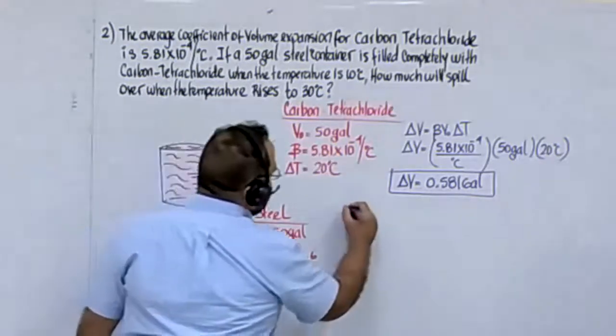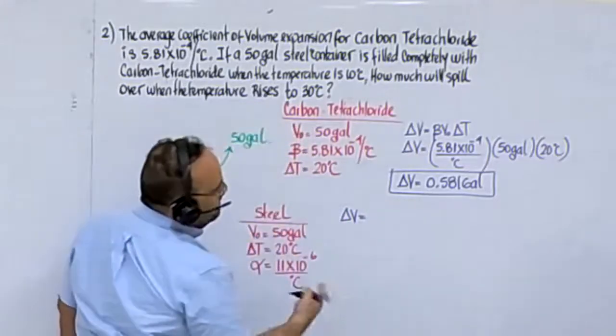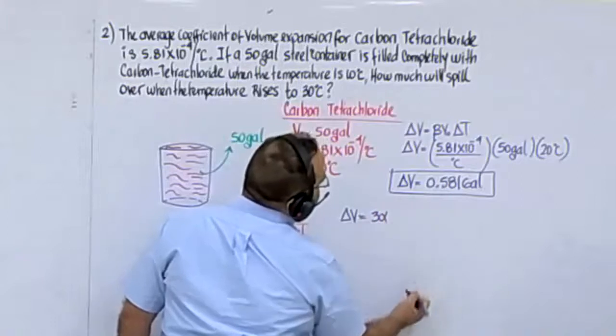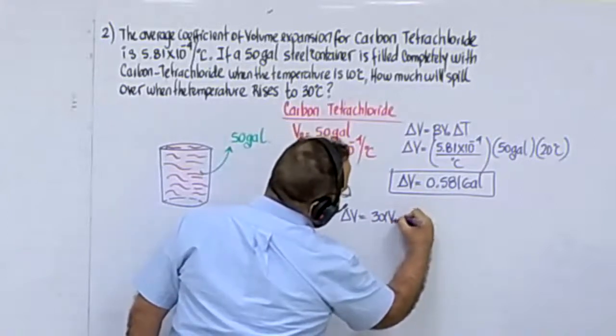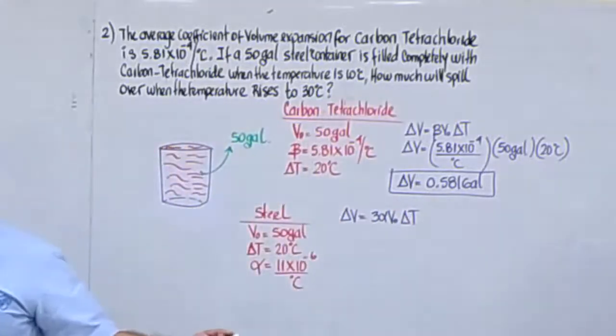For solid, we can establish this equation. Delta V equals, instead of writing beta, we write 3 times alpha, times the original volume, times delta T, because we are talking about solid. That's why I'm changing beta by 3 times alpha.